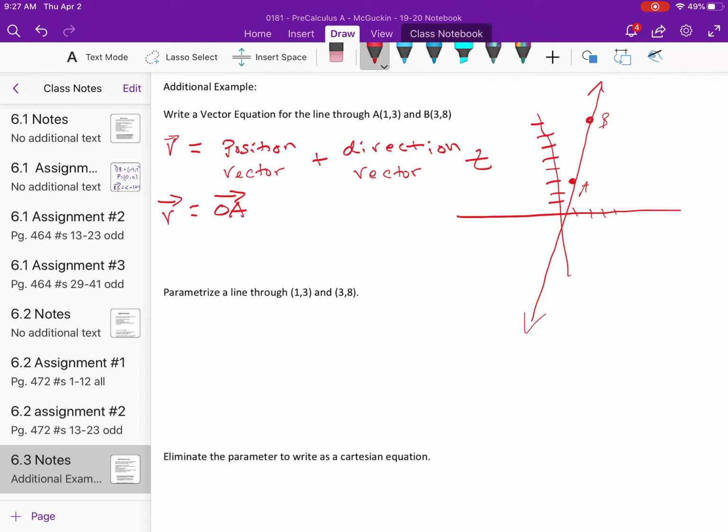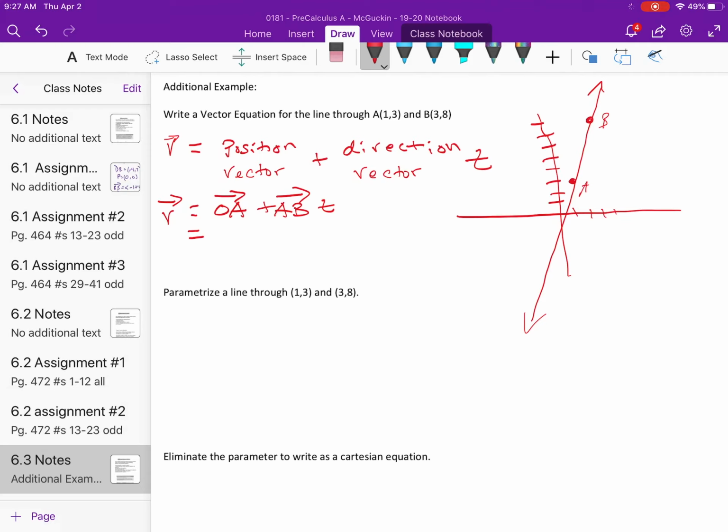Once we are at point A, the question is, how do I get to point B or to any point past that? That's what our direction vector is going to show us. I want to know the direction to get from A to B. That is our direction vector, and I'm still going to multiply it by that parameter, or that scalar.